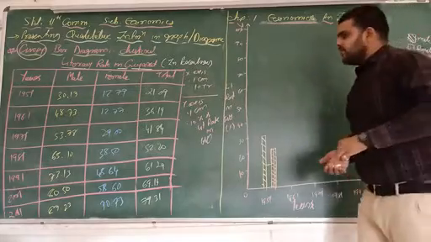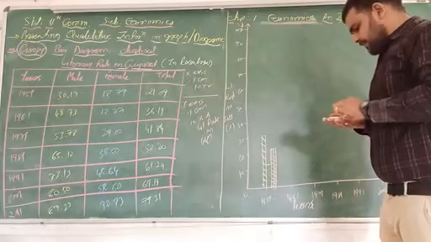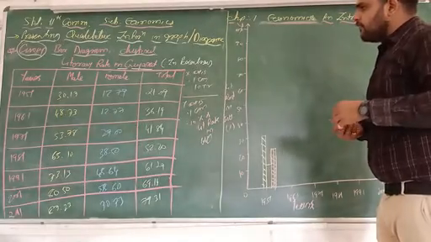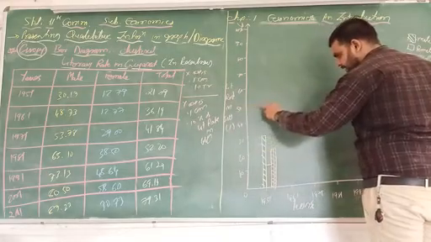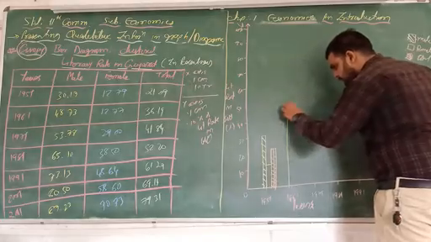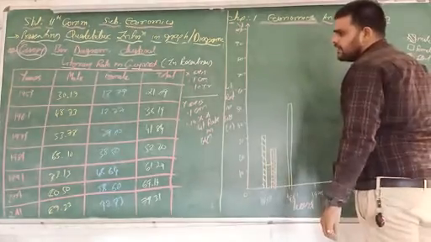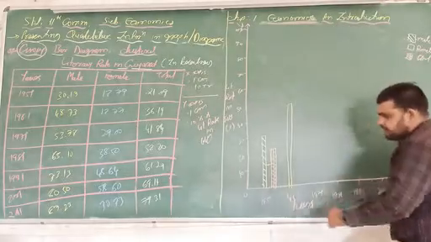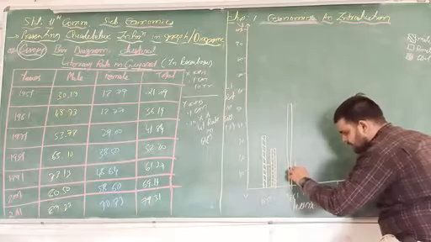Okay, second one, that is on 1961. So in 1961, 48.73. In between this 48.73, that this is first one. Second, 12.77. Again, it's a 12.77.